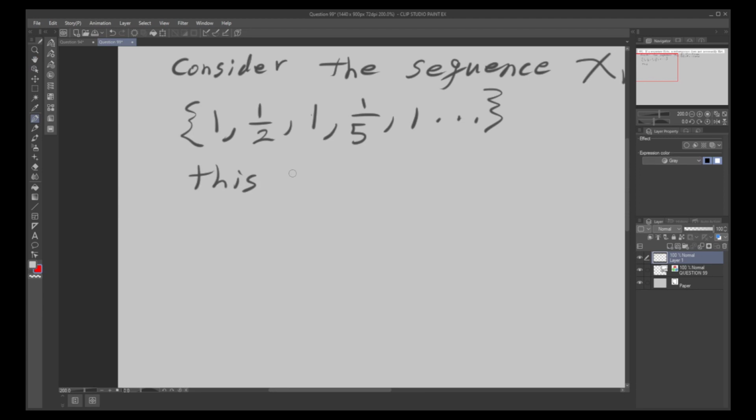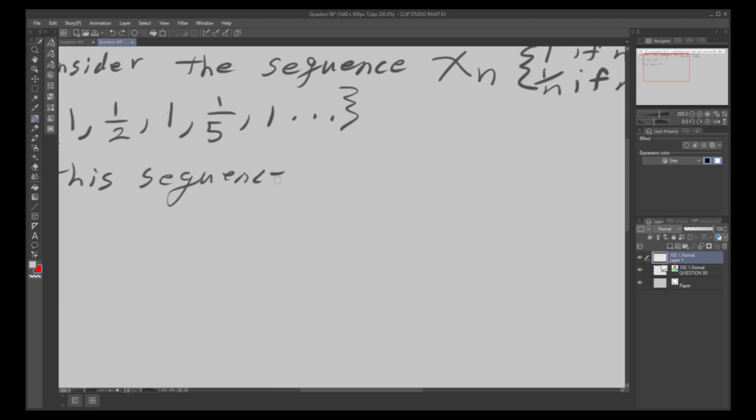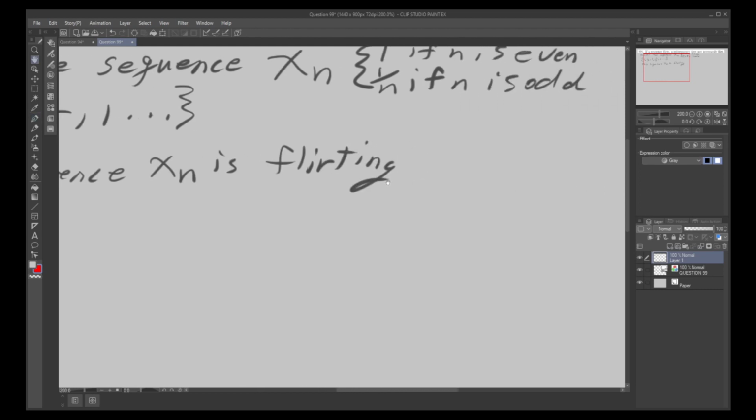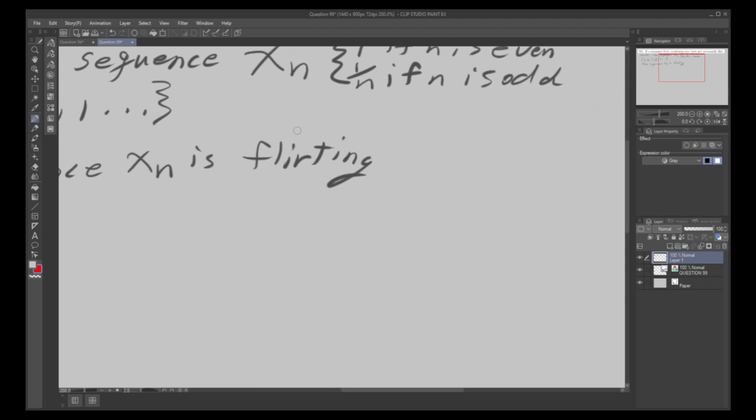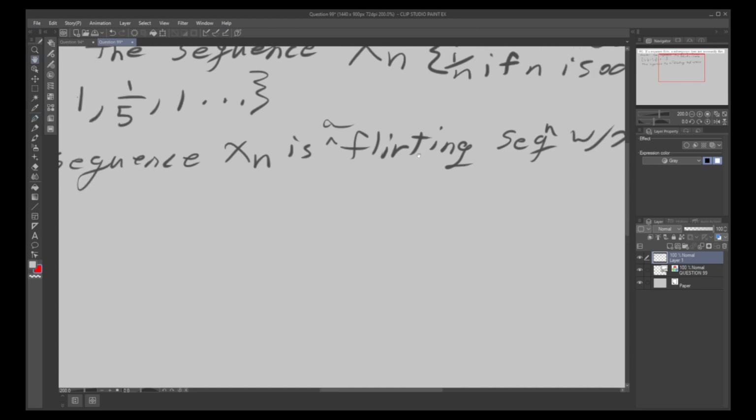So this sequence x of n is a flirting sequence with x equal to 0 specifically.